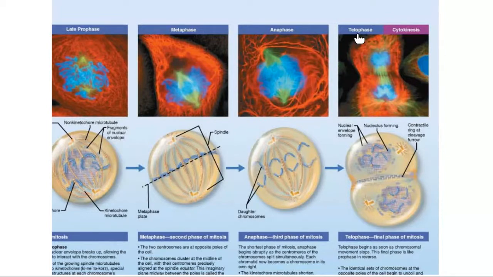If I ask you for the part of the cell cycle where the cleavage furrow is seen, or where we're dividing up the cytoplasm and the organelles, those are descriptions of cytokinesis. Does that help with your question, Audrey?